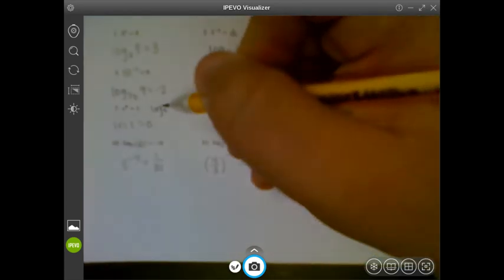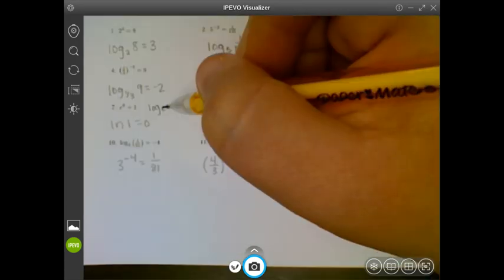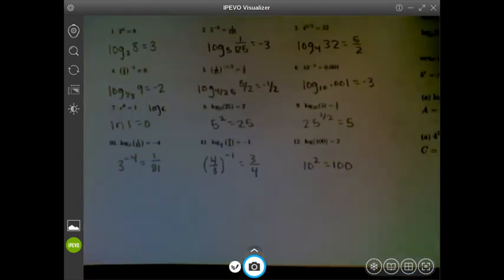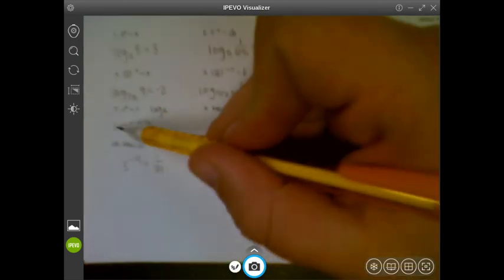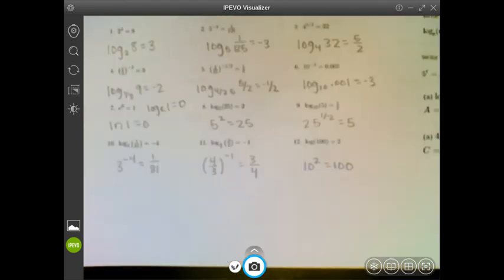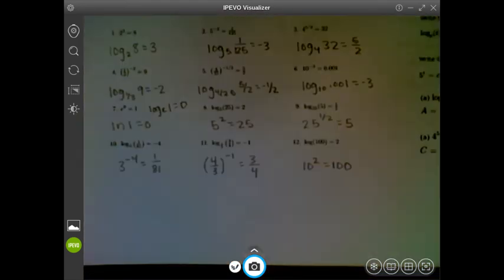And so instead of writing log base E, which would happen a ton, you can instead write the natural log, ln, and you could either say natural log or ln, one of the two. So log base E or ln, if you had log base E, it would be 1 equals 0. But just know that log base E is equivalent to a natural log.